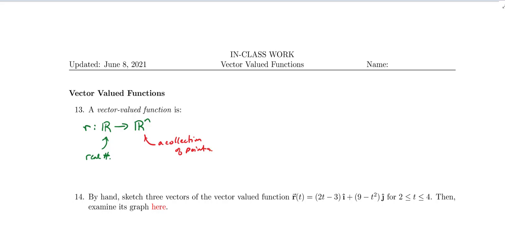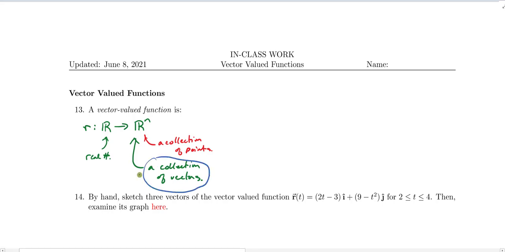But another way to interpret Rn is as a collection of vectors. And so when we talk about vector-valued functions, we want to take the perspective that what we're dealing with here is not a collection of points in Rn, but a collection of vectors. So usually, rather than just writing a normal letter for a function, we're going to use the bold vector notation to show that the outputs of this function are vectors.